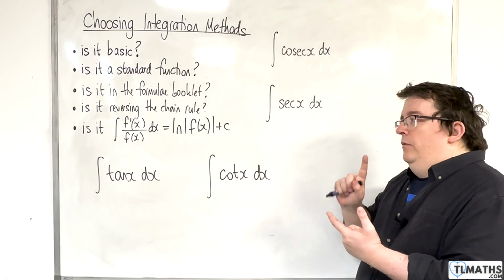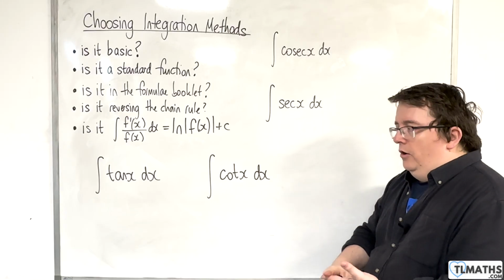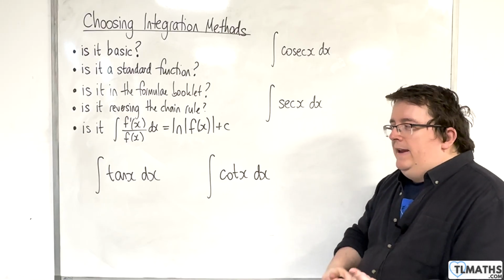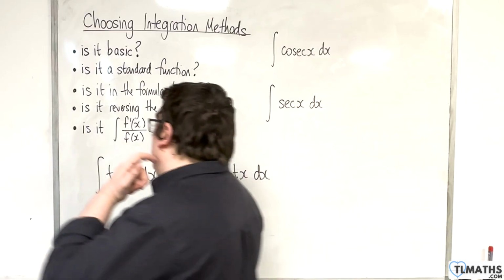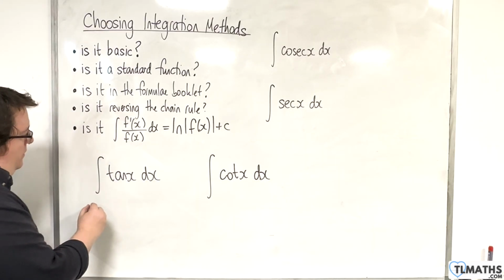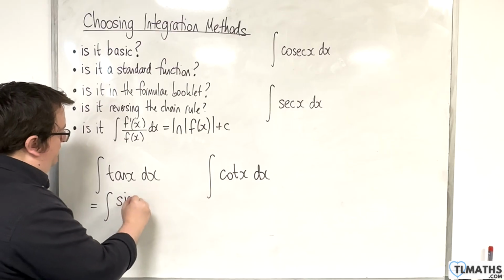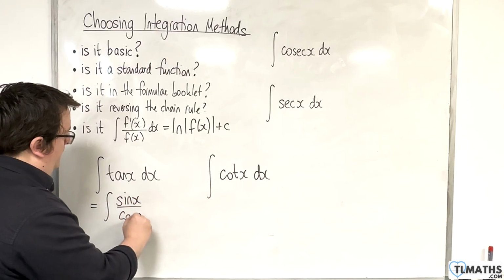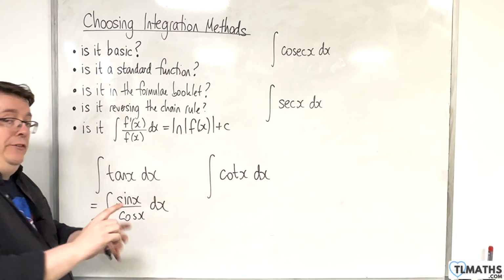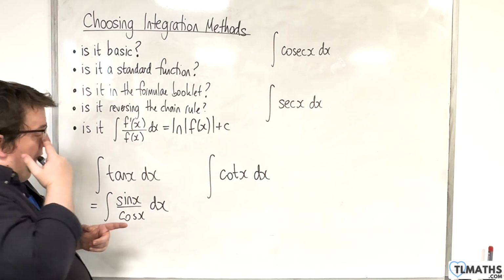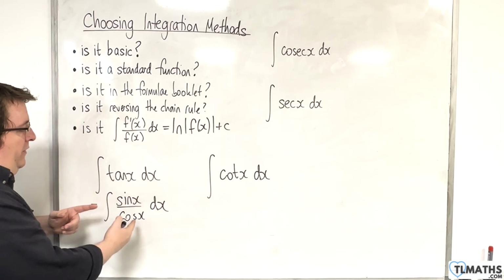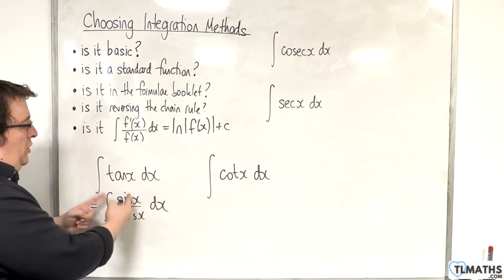Now, the integral of tan and cot, you don't really need to have them in the formula booklet, because the idea is that the integral of tan is the same as the integral of sine over cosine. And of course that's a fraction, so you should check whether the bottom differentiates to the top.